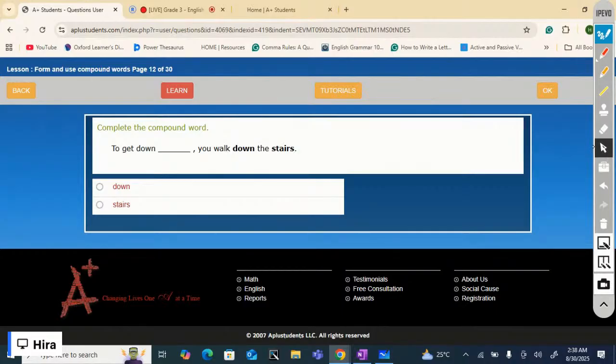Well, to get downstairs, you walk down the stairs. So the compound word is downstairs. These two words are joined, and one compound word is formed.